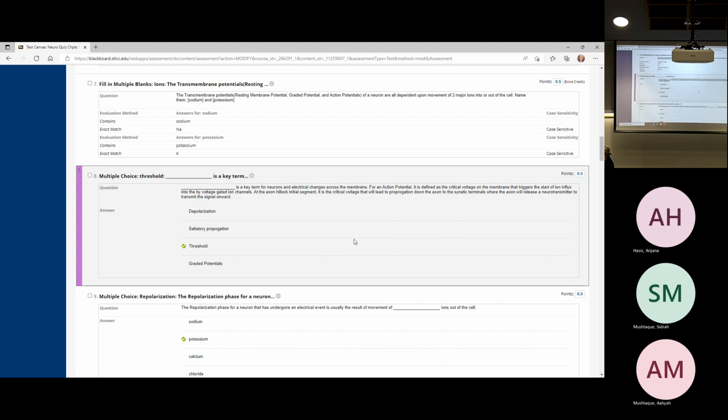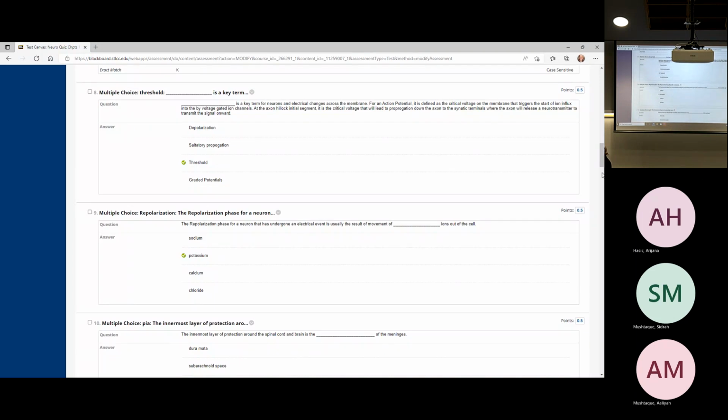Okay? All right. More key terminology related to these electrical things, right? Blank is a key term for neurons and electrical changes across the membrane. For an action potential, it is defined as the critical voltage. So this term can be applied a few different times and places.